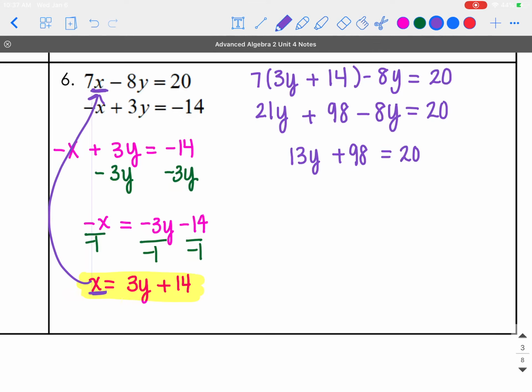Then I'm going to subtract 98 from both sides. 13y equals negative 78. Then if I divide by 13, I get y equals negative 6.